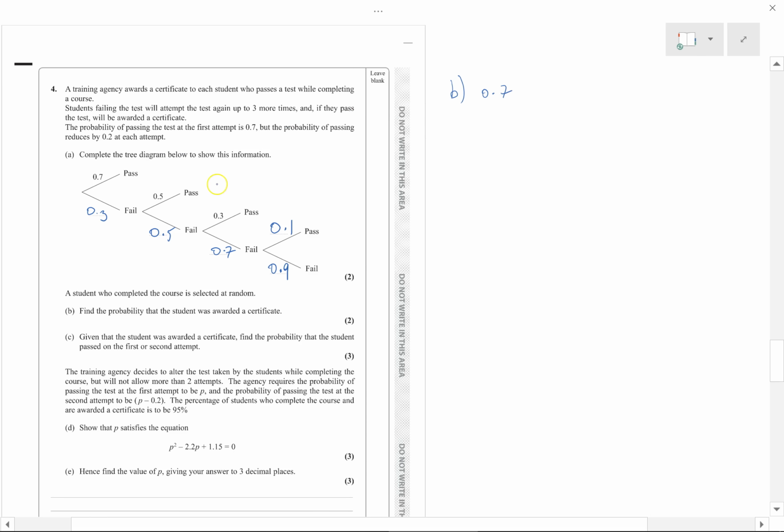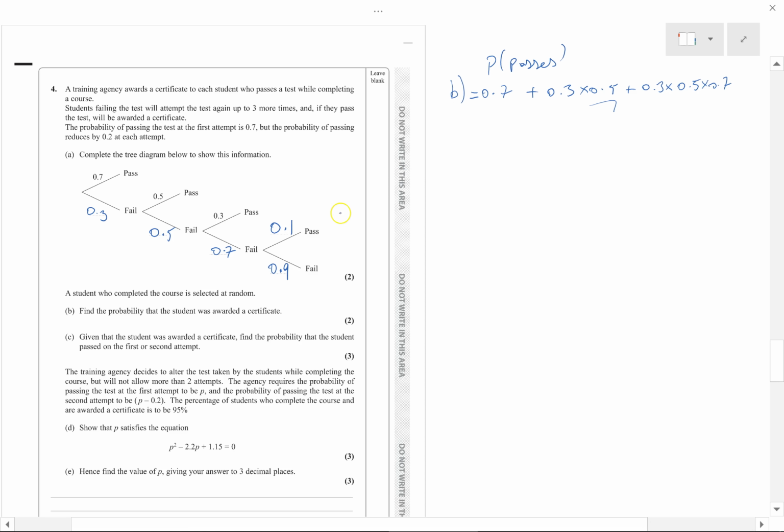Okay. Then this branch here means failing first and then passing, so that's 0.3 times 0.5. Okay, let's write the title, probability passes equals that. And then for this branch, fail, fail, and then pass, that number comes to 0.3 times 0.5 times 0.7.